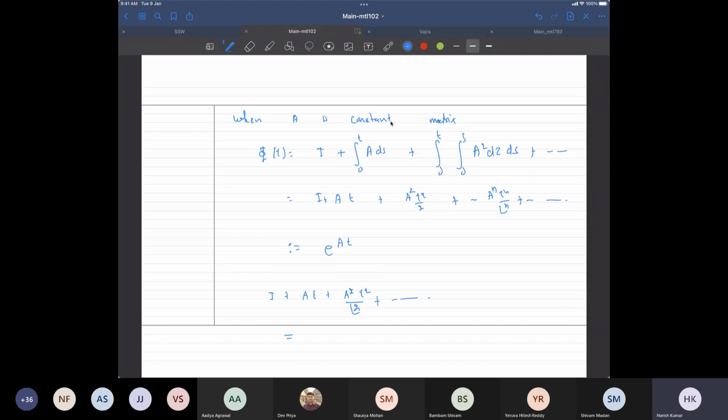If A is either diagonalizable or in Jordan form, either way, if it's diagonalizable, then it will be I plus P D P inverse t plus P D squared P inverse t squared by 2 factorial and so on and so forth, assuming A is P D P inverse.